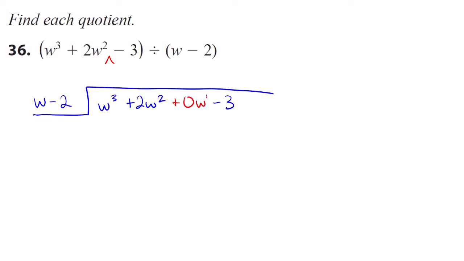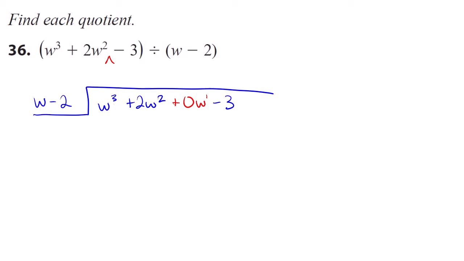So now we have 3, 2, 1, and then the implied w to the 0. That holds the place, so when we divide, we'll have a w term there. Hopefully you'll see why we need that as we evaluate this problem.